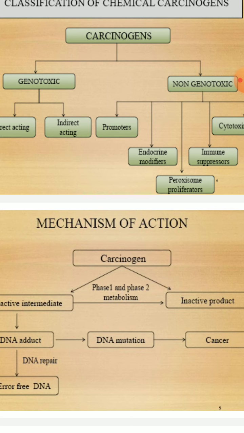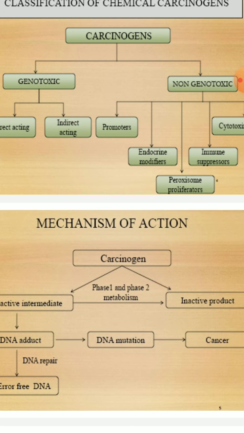First, the carcinogen results in the formation of a reactive intermediate through the phase 1 and phase 2 metabolism reactions we have discussed so far in detoxification mechanisms, which play a very important role in detoxifying toxicants into an inactive product. If you have studied those concepts, it is very easy to understand toxicity and carcinogenicity.